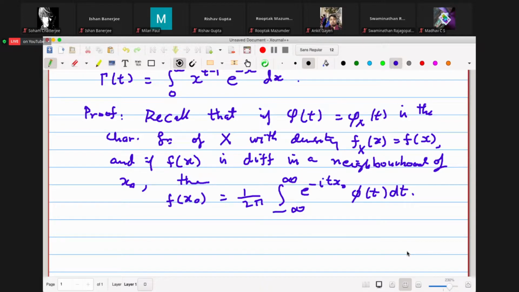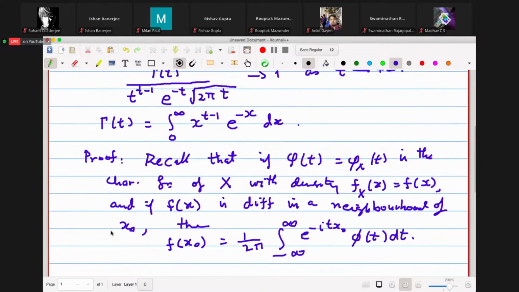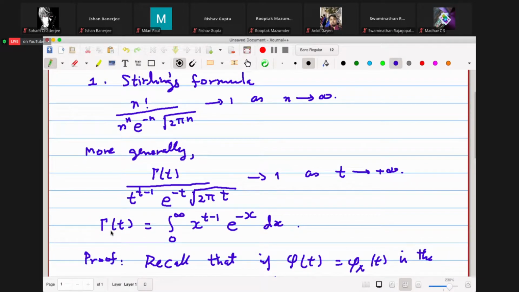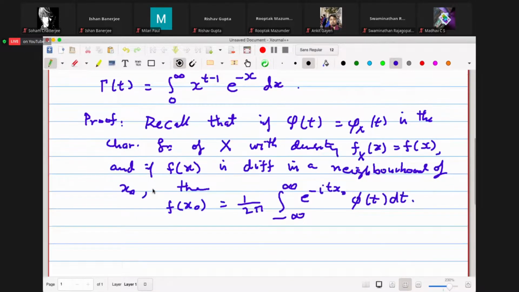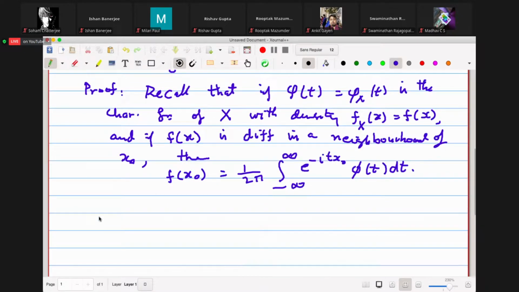So what we do is the following. You start with the gamma distribution. Of course, you see that if we are going to use these techniques and concepts that we have developed so far, this is related to the gamma distribution, right? So you better start with the gamma distribution.